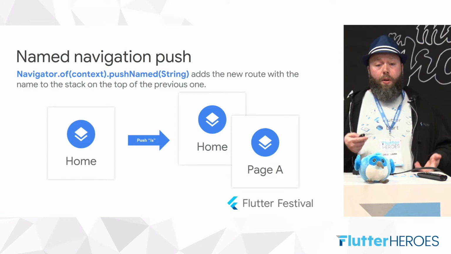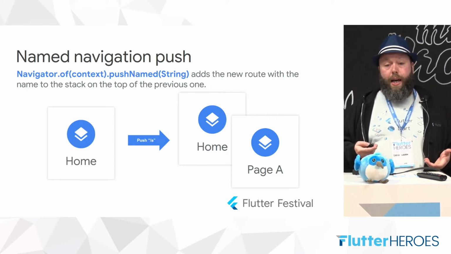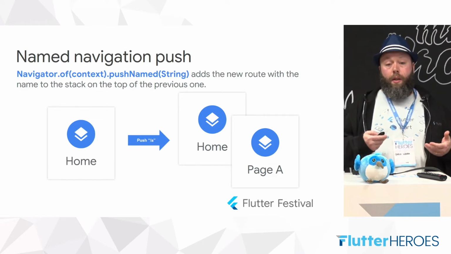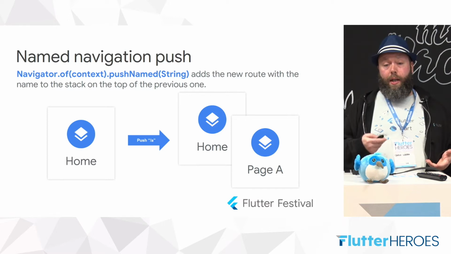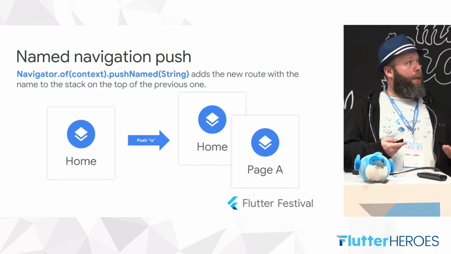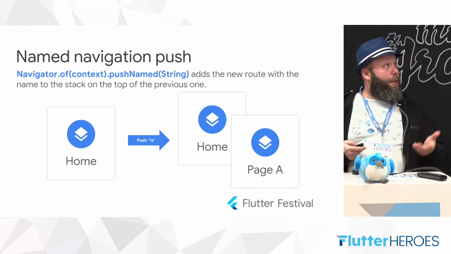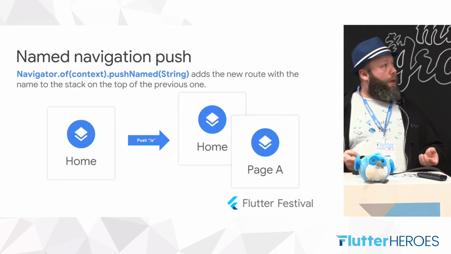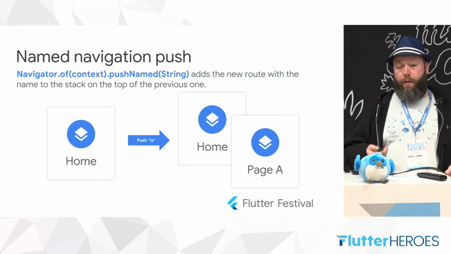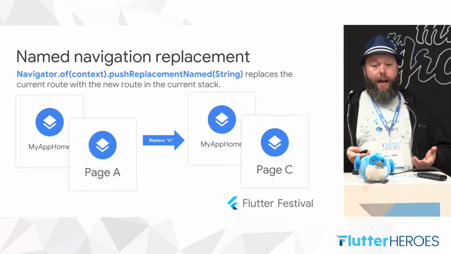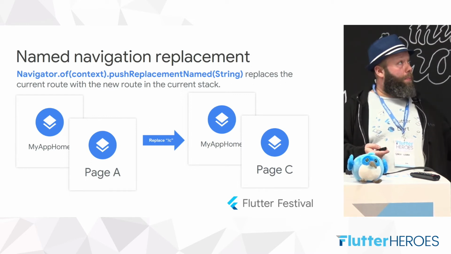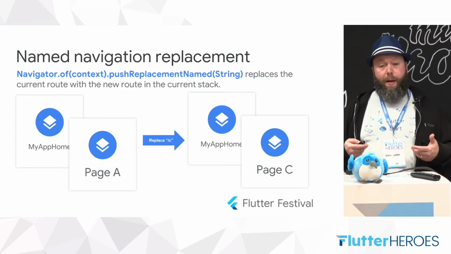The methods are more or less the same, but in this case the push needs a string and not directly a route. For example, pushing the page A with the named navigation, it requires us to use the push named and pass the input slash A to navigate to the page A. At the same time, if we need to push the replacement, we can do that with push replacement named, and we pass the new name.